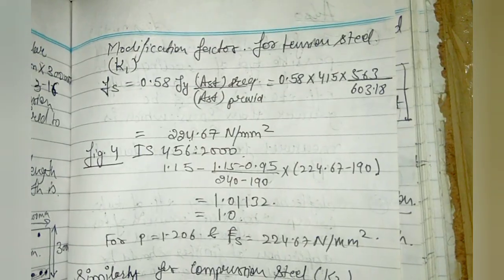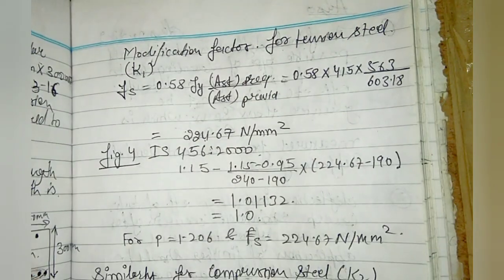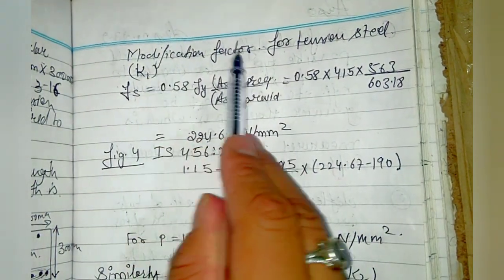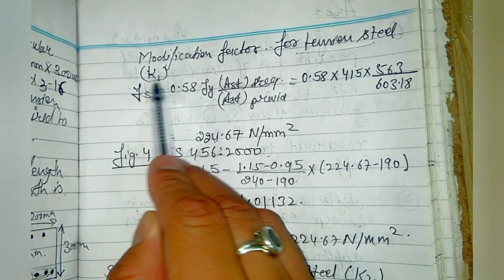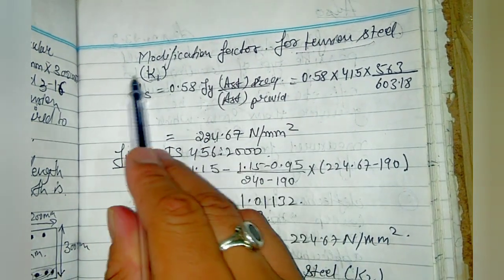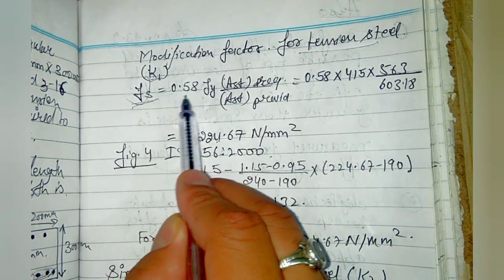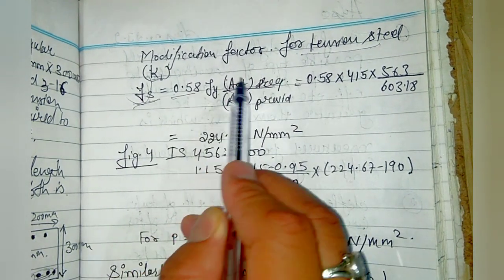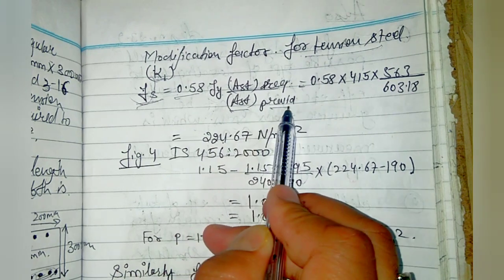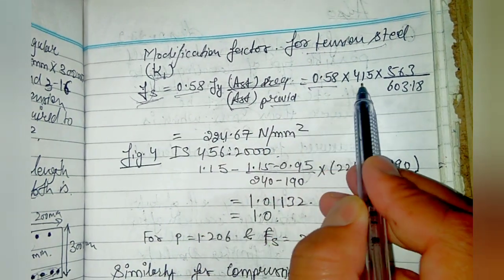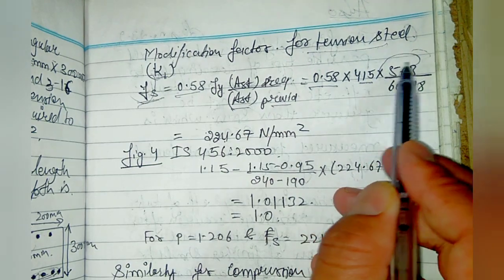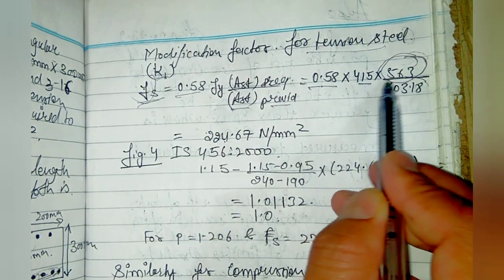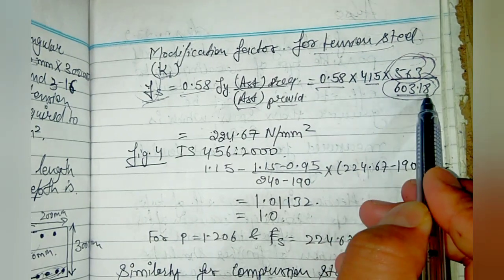Next we need to calculate the modification factor. The modification factor for tensile steel is K1, for which we first need to calculate the value of Fs. Fs is 0.58 Fy times Ast required divided by Ast provided. So we'll calculate 0.58, 415 is the value of Fy, Ast required is 563, provided is 603.18 mm square.